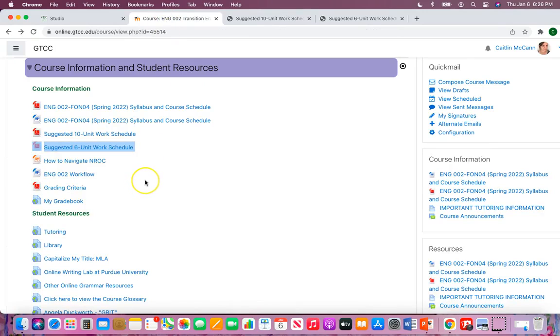Below the suggested work schedules, I have a PowerPoint that shows you how to navigate NROC. So there is a course introduction video where I walk you through how to use NROC step by step, but there's also a PowerPoint here for you in case you would rather refer back to the PowerPoint than scrubbing through the video. Then below the Navigating NROC PowerPoint, I have an English 002 workflow document.